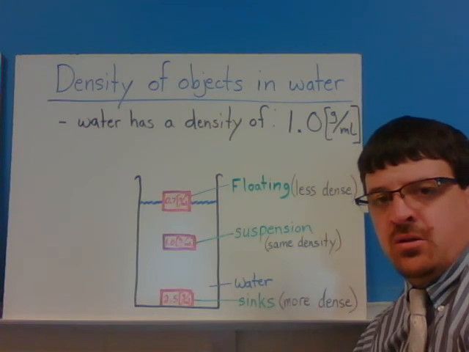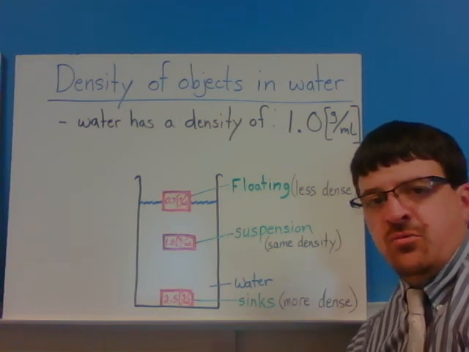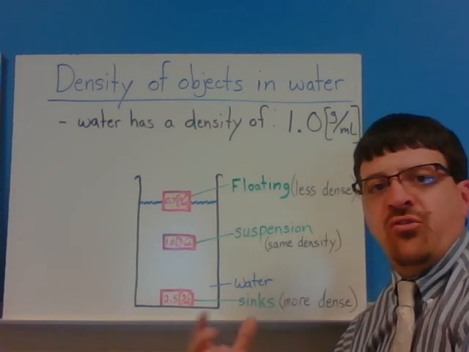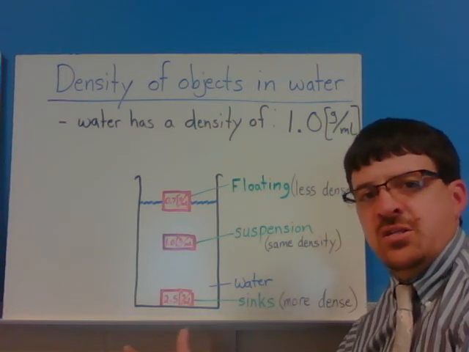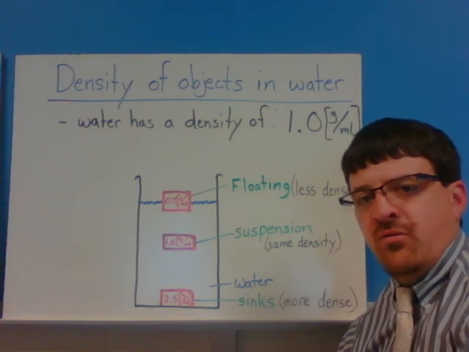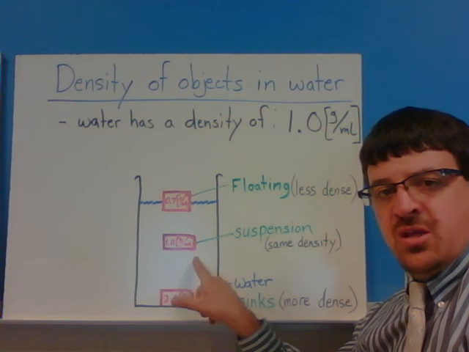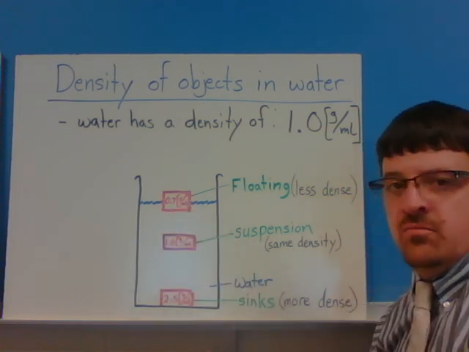Now, here's a little bit of a tricky thing, because they like to do this on the Regents every once in a while: they will show you a different liquid. The different liquid might have a different density. Whatever the density of the liquid is, if the object is less dense than the liquid in the container, it will float.